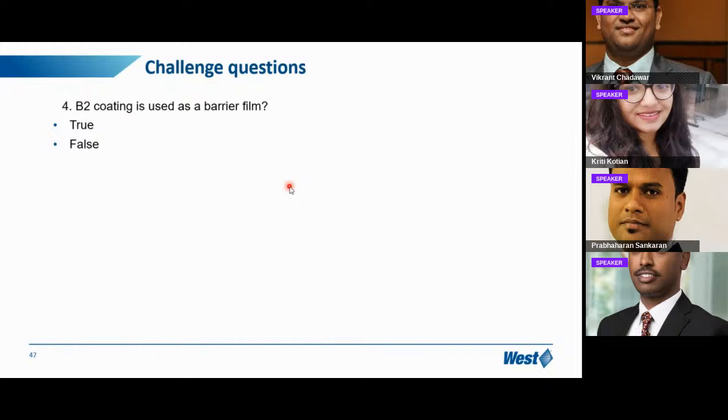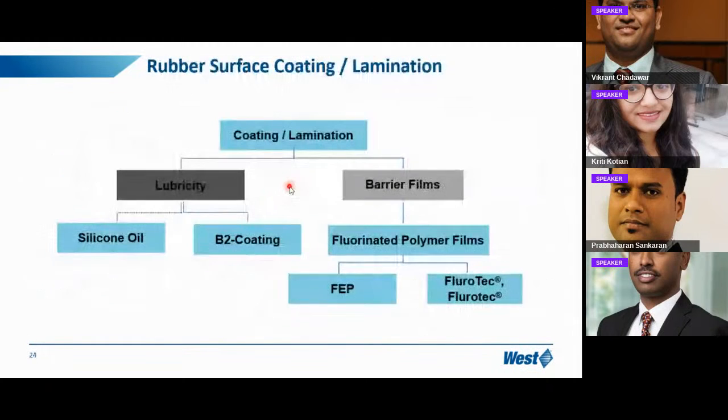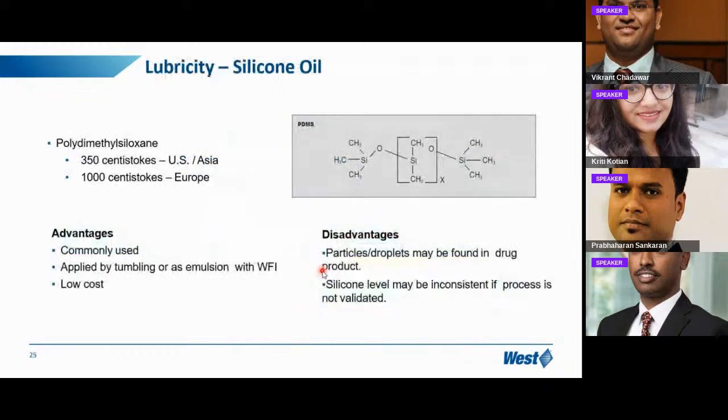Oh my god, so you mean to say you have not heard that. B2 coating is generally used for lubricity. It is not used for barrier films. FEP and fluorotec are generally used for barrier film, while B2 is mainly used for lubricity. So the answer is false. For barrier, we have FEP or fluorotec coating.